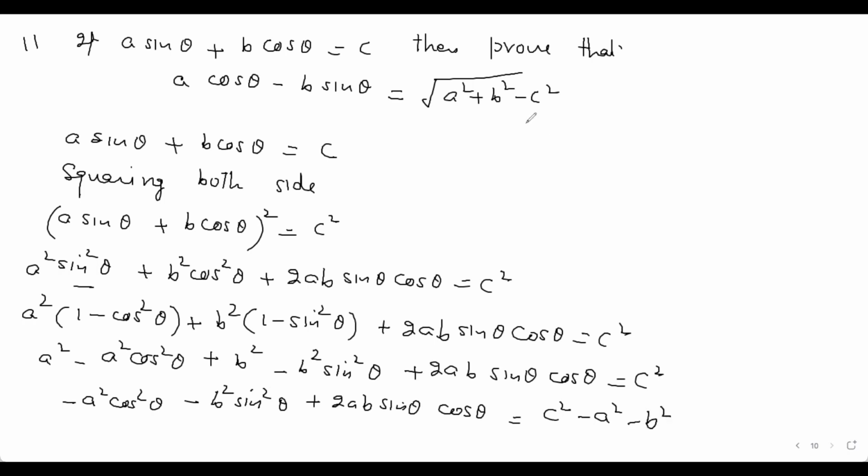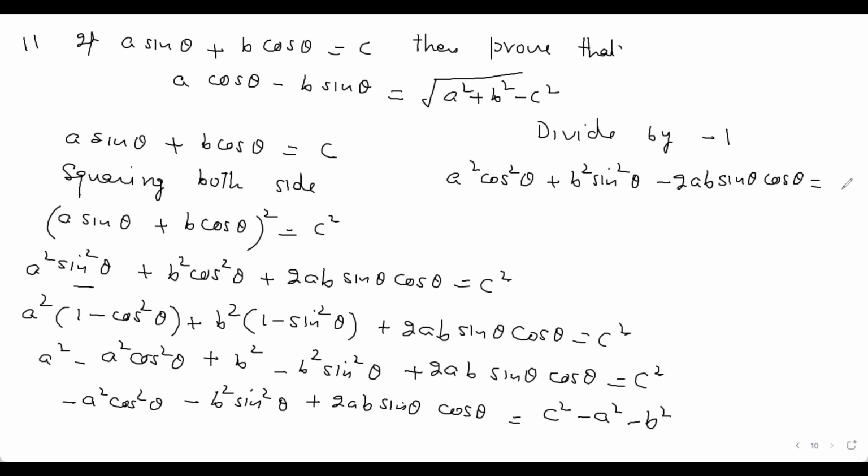Now divide by minus 1. I'll have a square cos square theta plus b square sine square theta minus 2ab sine theta cos theta is equal to a square plus b square minus c square.